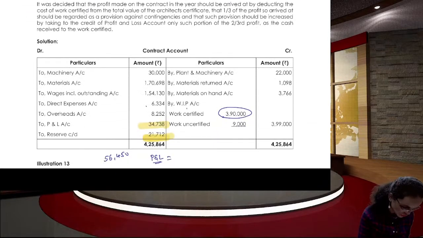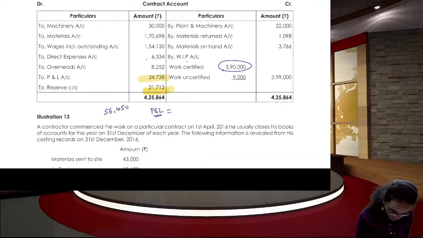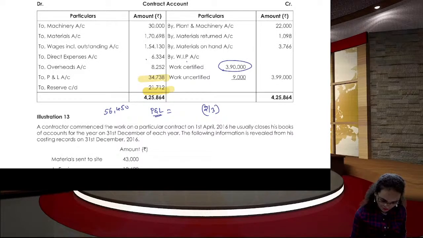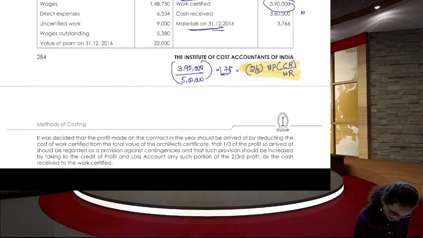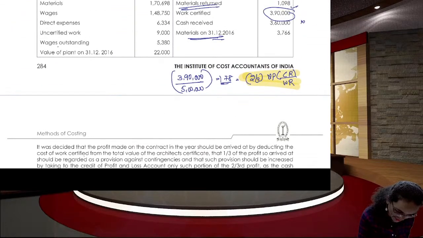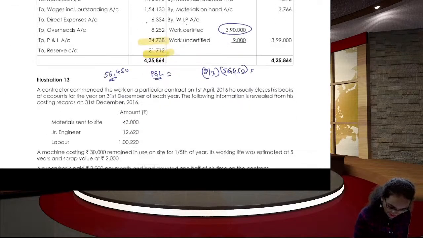Or else I'll show you: 2/3 of the notional profit we got, 56,450, into the cash received. Cash received is given here, 3,60,000, and work certified is 3,90,000.